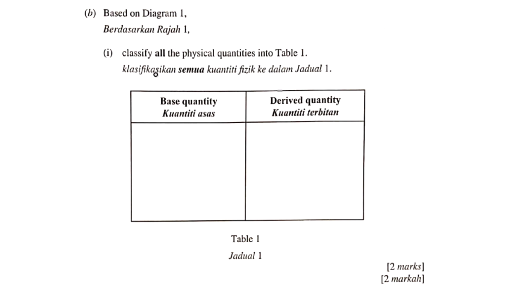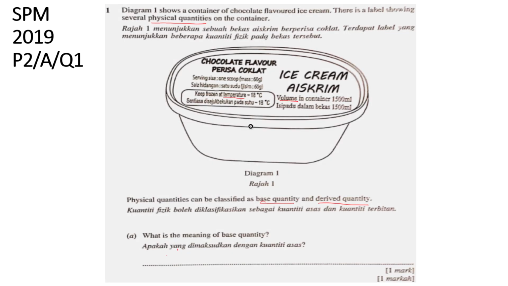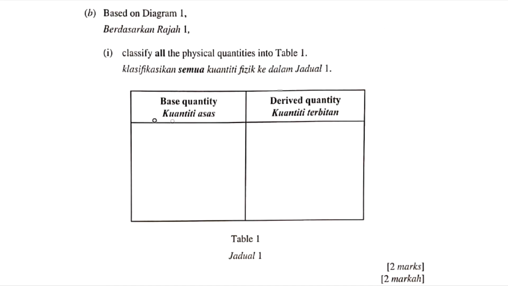Next. Based on diagram 1, classify all physical quantities into table 1. We have base quantities and derived quantity. Look at the diagram again. We have mass, temperature, volume. Which one is base quantity? Mass. What about temperature?